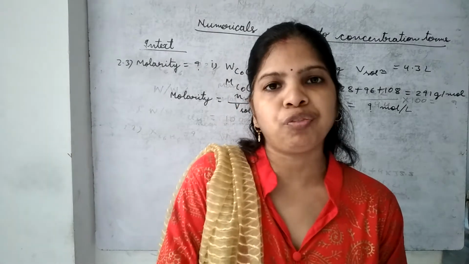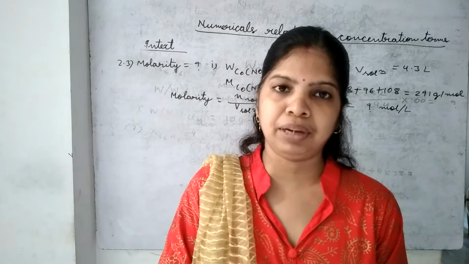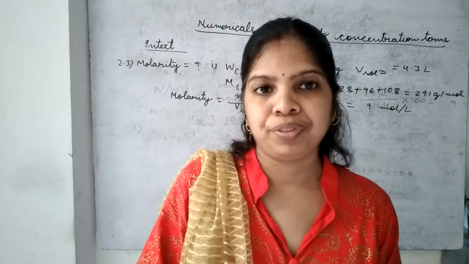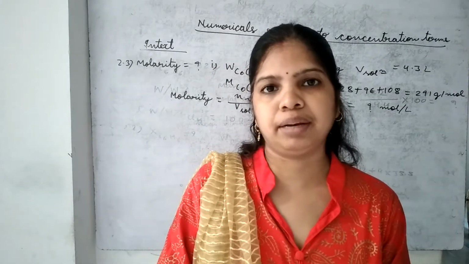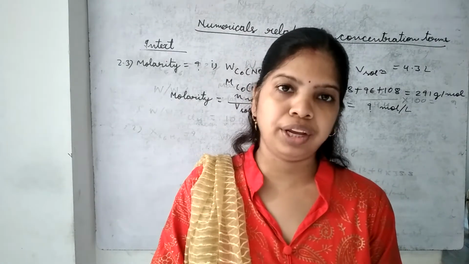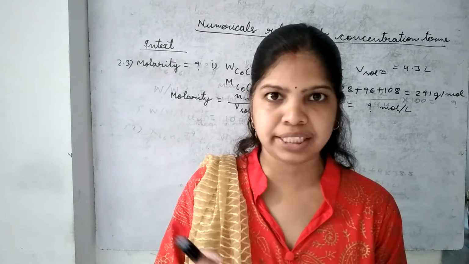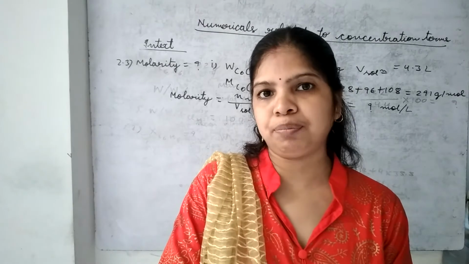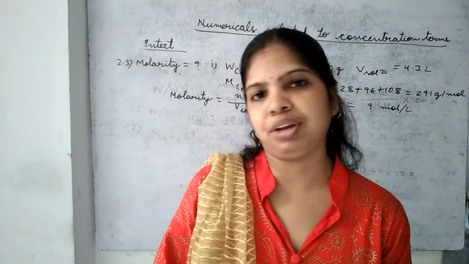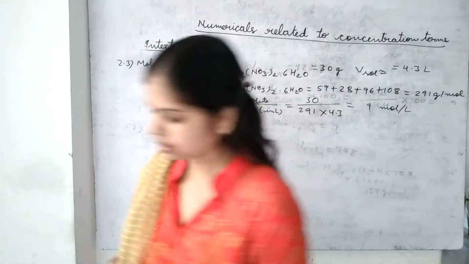So the initial volume is 30 ml and the final volume after final preparation of the solution is 500 ml. First of all, through the initial volume we'll find the number of moles because molarity is given, and afterwards the final volume will be taken, the number of moles we already know, and through that we can find the molarity.